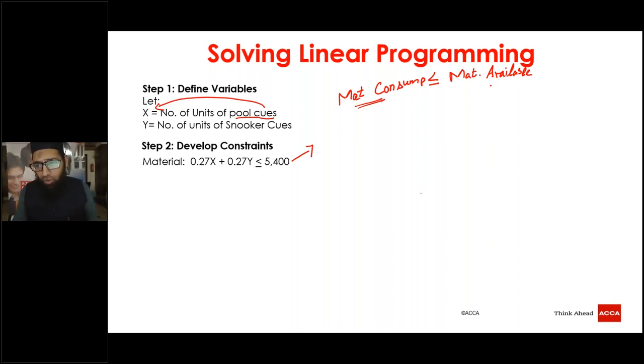Now, the formula for material consumption will be 0.27x. This is because 270 grams is required to produce a pool cue. So that means 0.27 kg for a pool cue, and the total consumption will be 0.27 kg per unit of pool cue multiplied by the number of pool cues, which is represented by X.